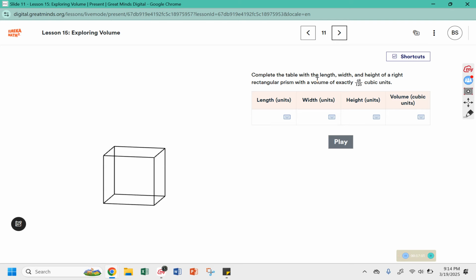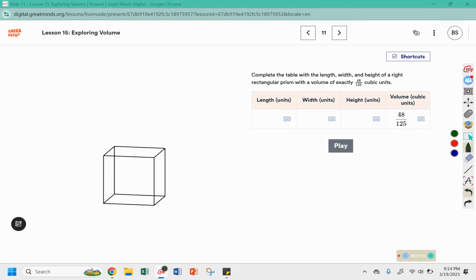Complete the table with the length, width, and height of a right rectangular prism with a volume of exactly 48/125 cubic units. Okay, well, let's see here.